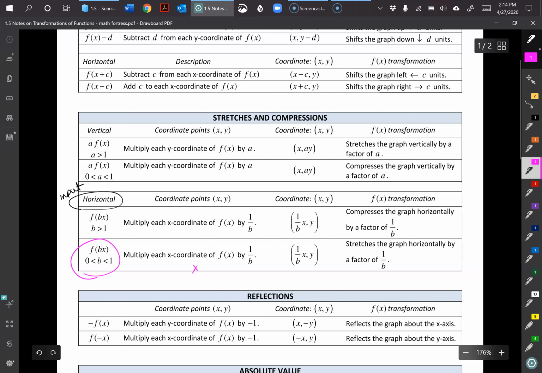So it's x over 2, which would be 1 over 1/2, because that's really like 1/2, right? So how that works out is we're really multiplying by 2. So we're stretching by a factor of 1 over b, which is its inverse, which is 2. So I just want to point that out, how this will match up on the table.